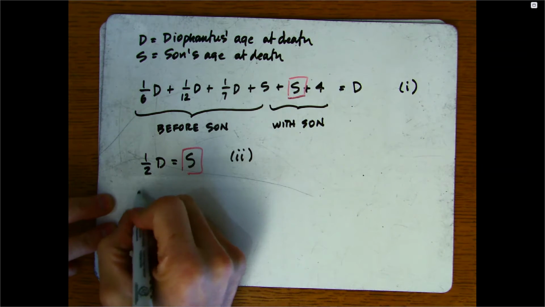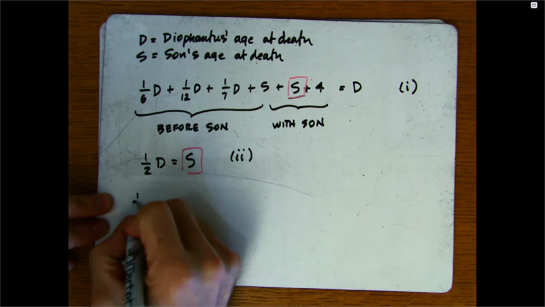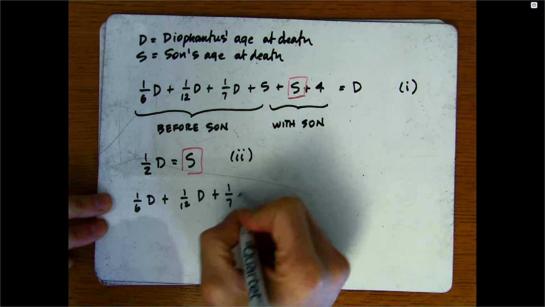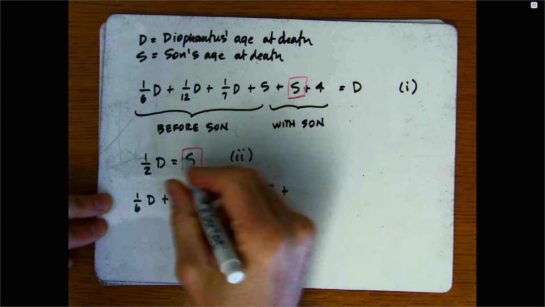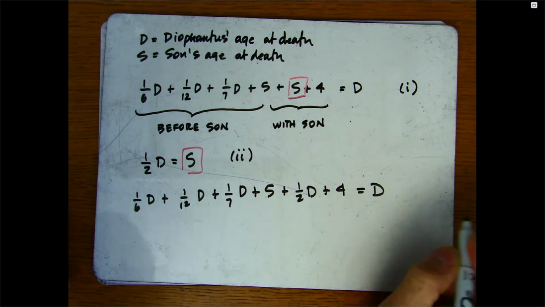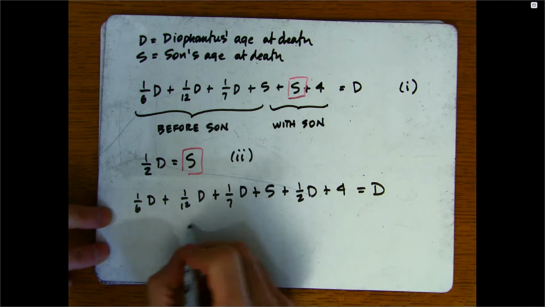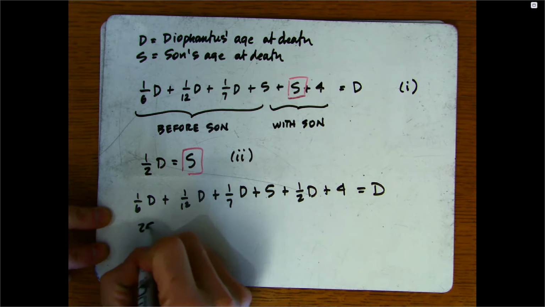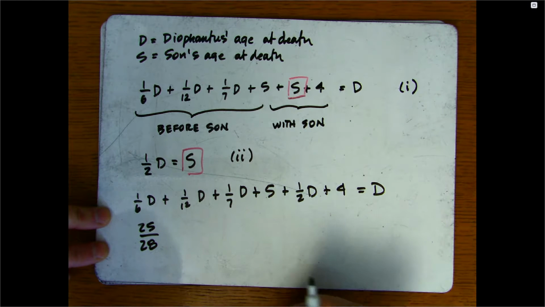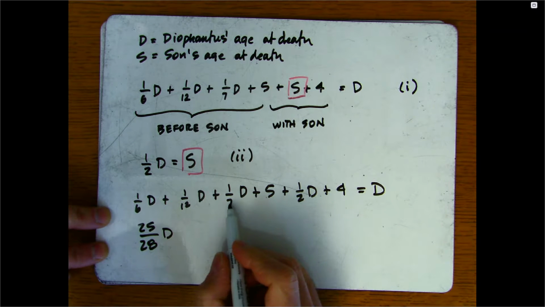So if I substituted equation 2 into equation 1, I get 1/6 D plus 1/12 D plus 1/7 D plus 5 plus 1/2 D plus 4, and that must be equal to just D. Adding the like terms, the D's, together on the left-hand side, what you'll find is that you get 25/28ths. Yeah, 25/28ths is 1/6 plus 1/12 plus 1/7 plus 1/2.